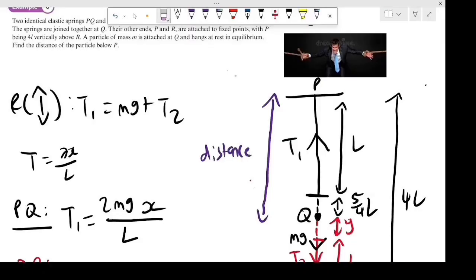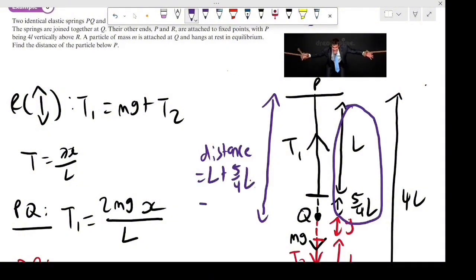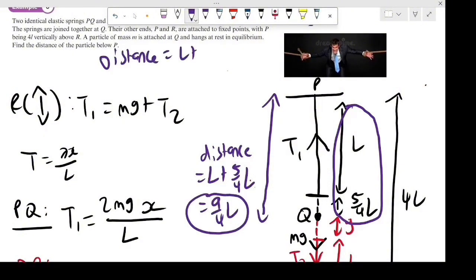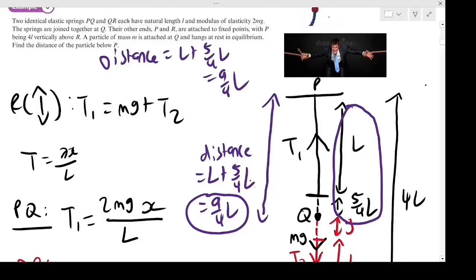Well, the distance is going to be L add 5 over 4L, which is 9 over 4L. And there we are. That's the distance from P to the particle. Cool.